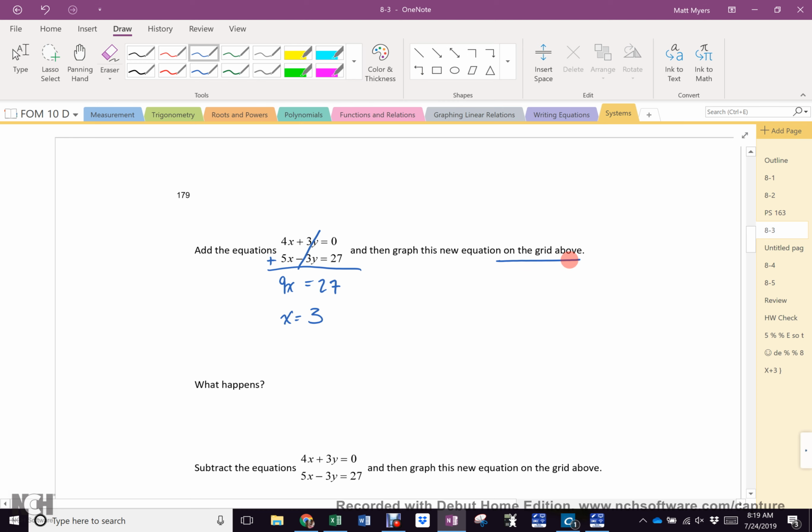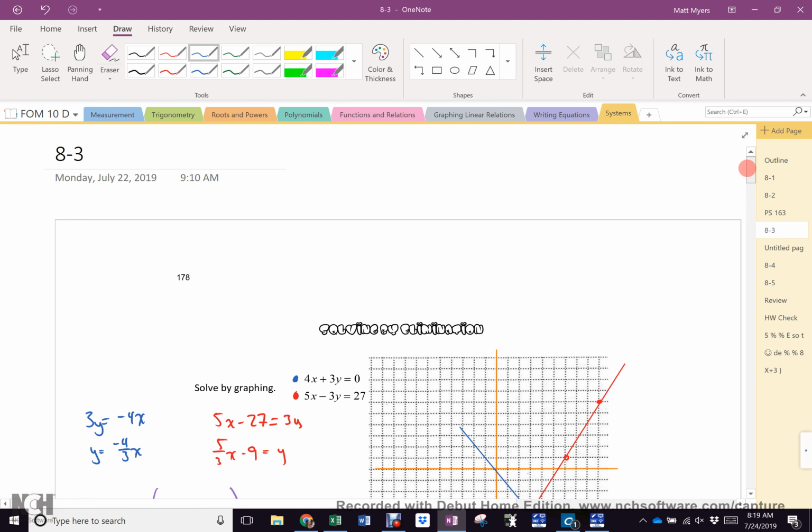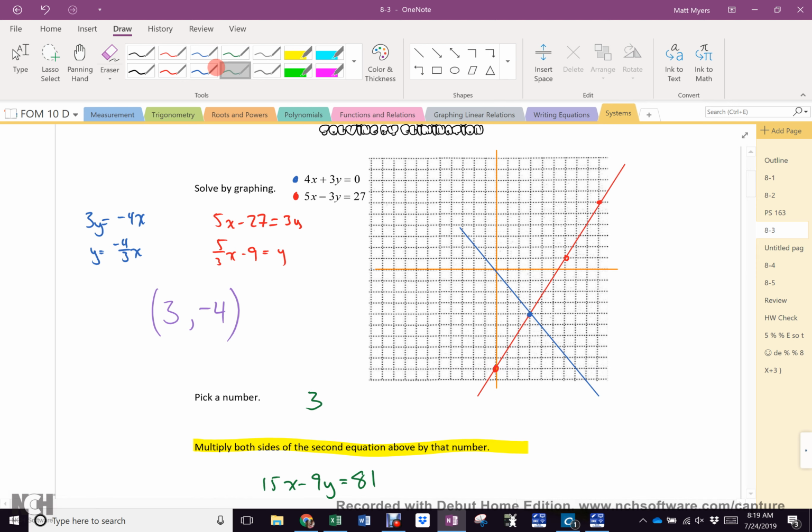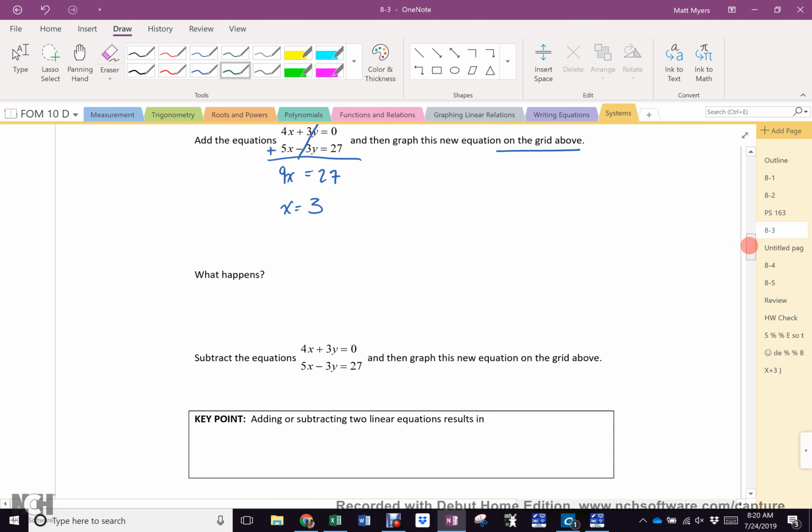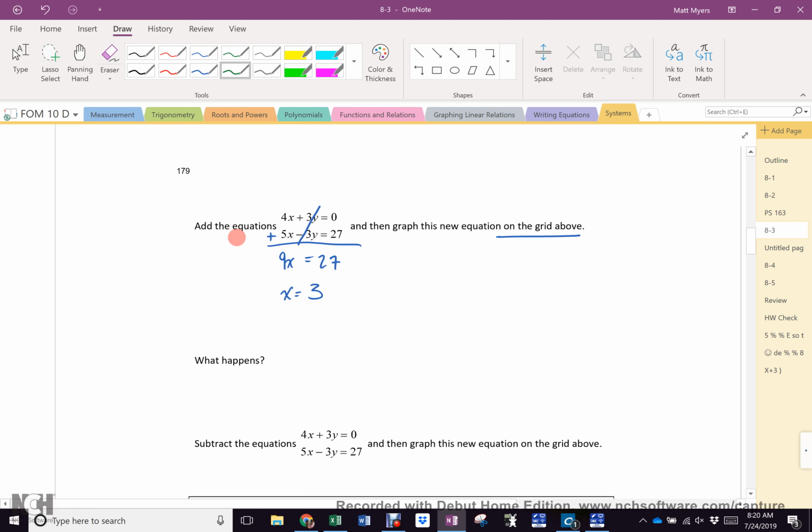Now, I said put that on the grid above. Please notice, x equals 3 is this line right here. What do you see? It goes right through the solution, doesn't it? What happens? Well, adding the equations, what happened?